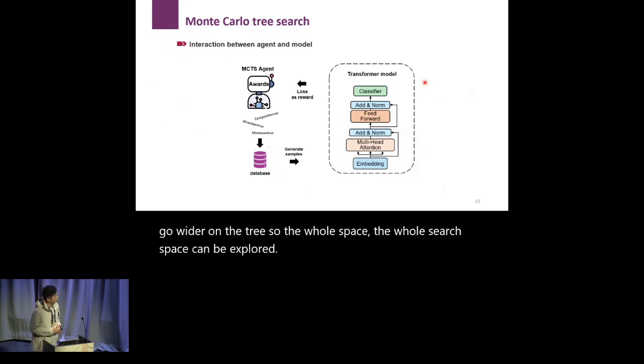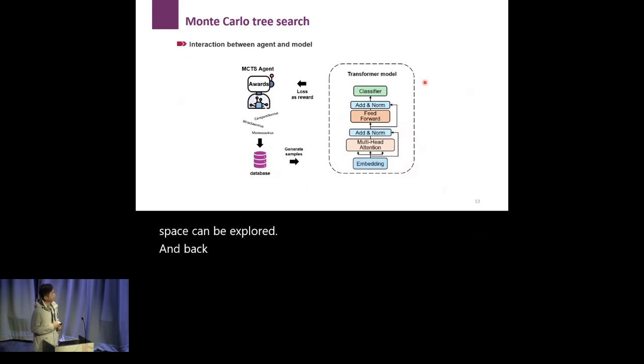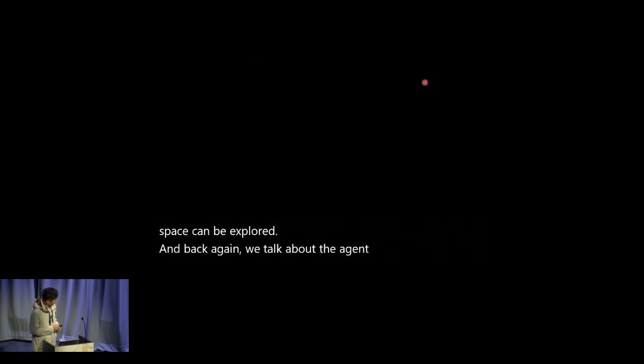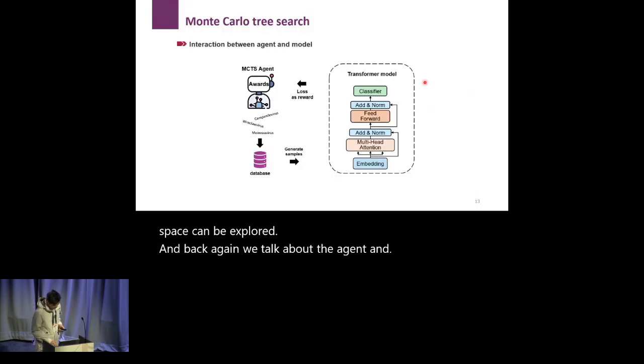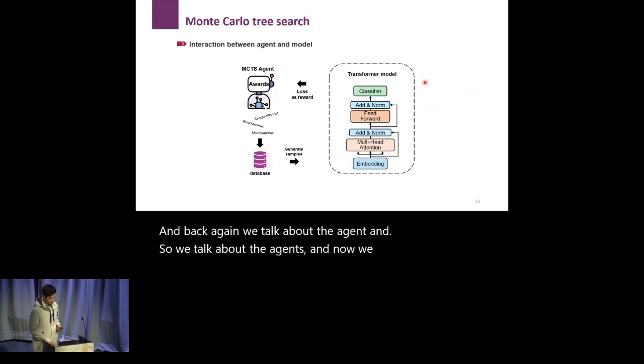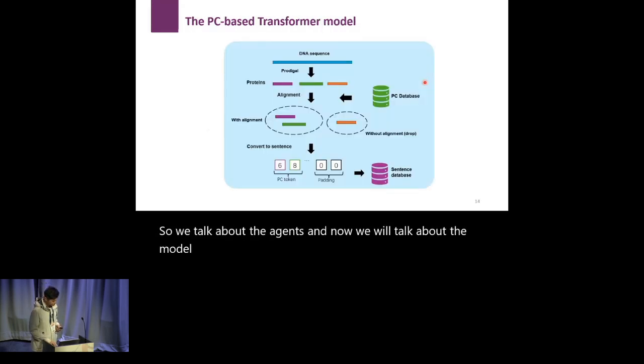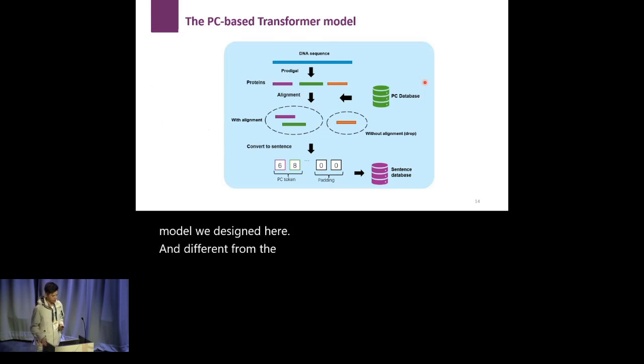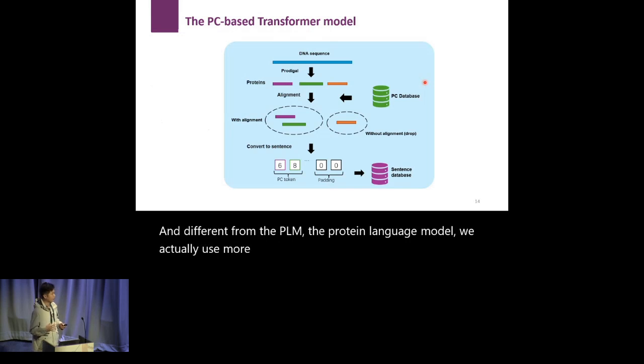And back again, we talked about the agent, and now we will talk about the model we designed here. Different from the PLM, the protein language model, we actually use a more simplified one. It's a protein cluster-based transformer model.